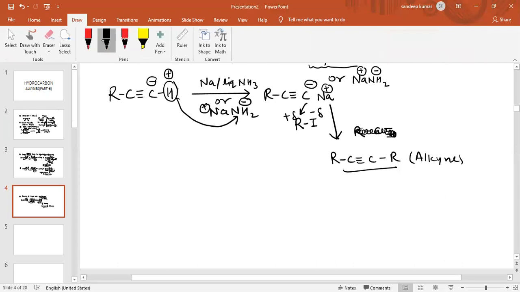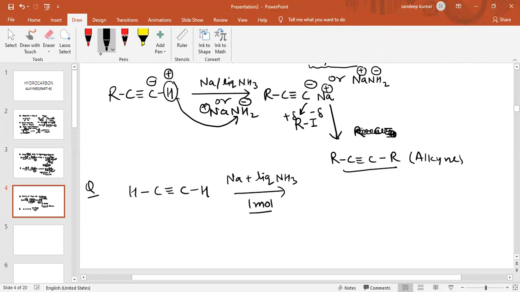Now see what happens in this case, when there is an excess. I'm giving you an example. If the question is like this: H, C triple bond C, H, and the first step given is sodium plus liquid ammonia, and only 1 mole is given.